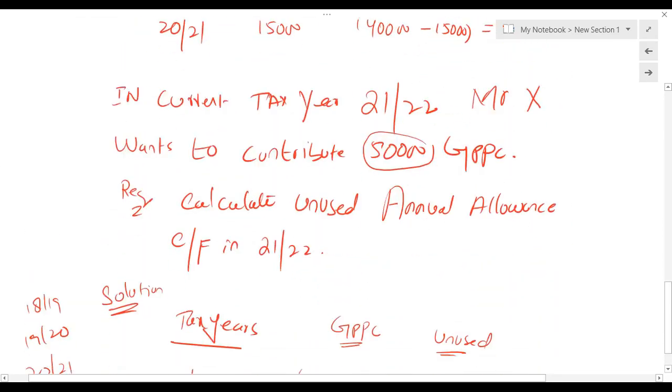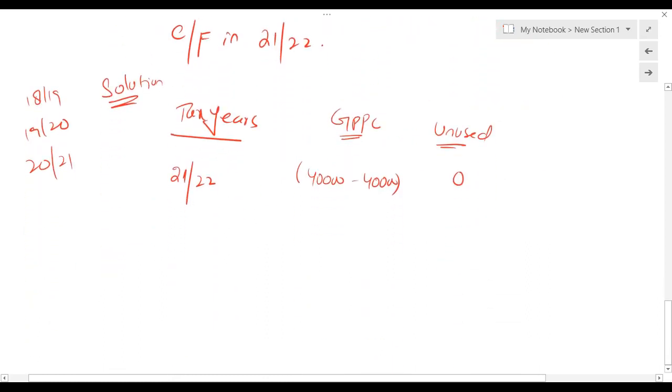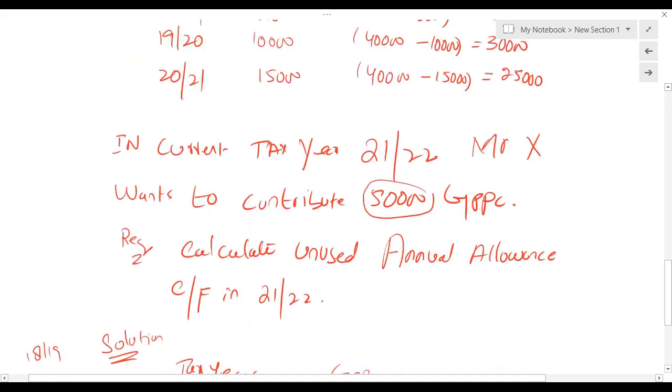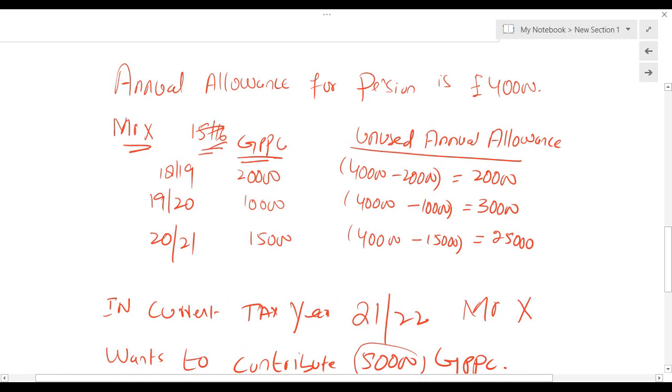Since we'll be using previous unused limit on FIFO basis, I'm writing 18-19, 19-20, 20-21. Now listen carefully.